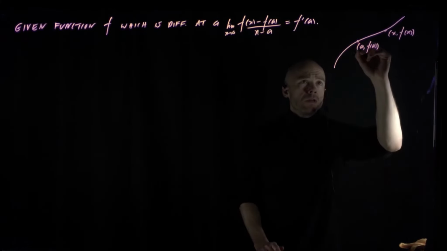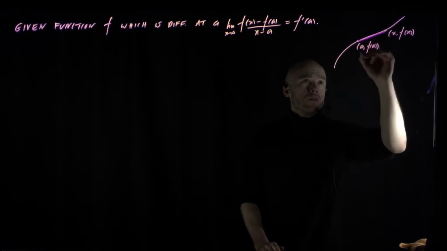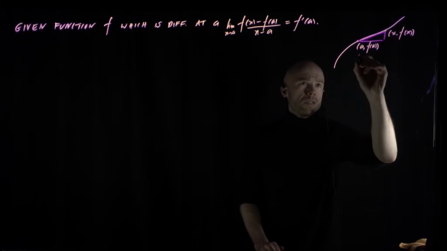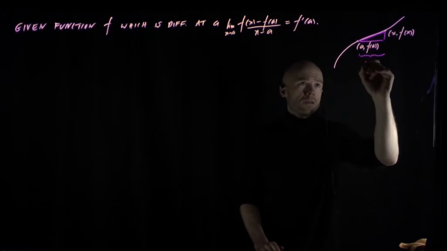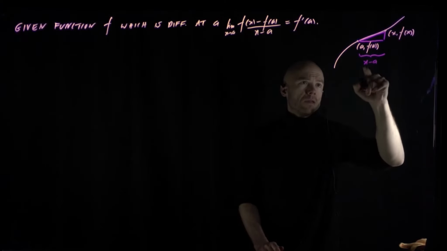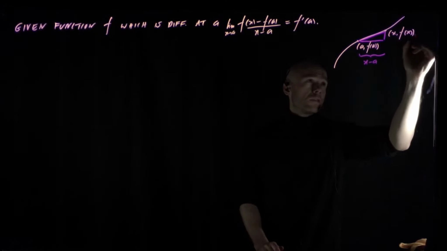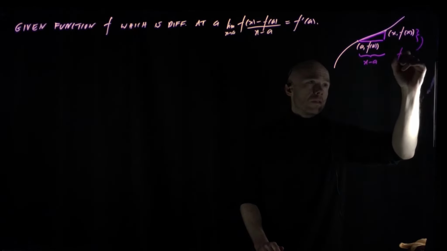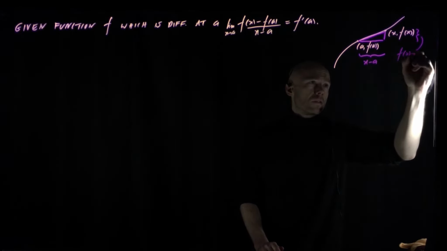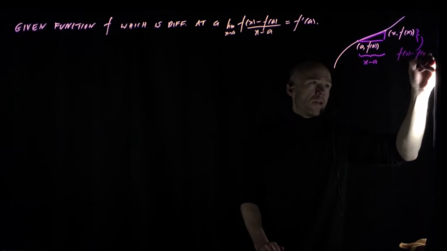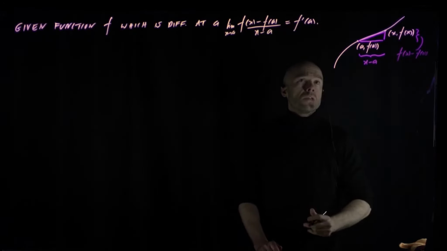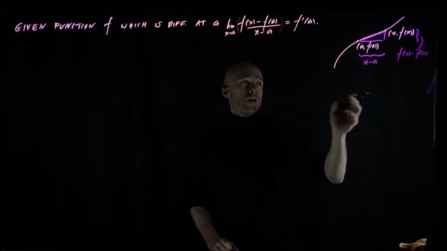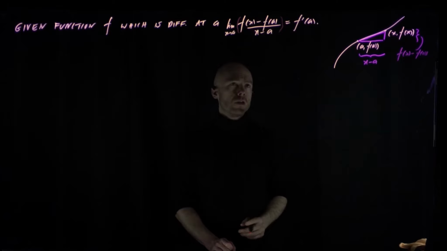And if we join these 2 points and then create a triangle like this, we see that the base of this triangle has got length x minus a, and this side has got length f of x minus f of a. So this quotient is just how far up or down we go divided by how far along.